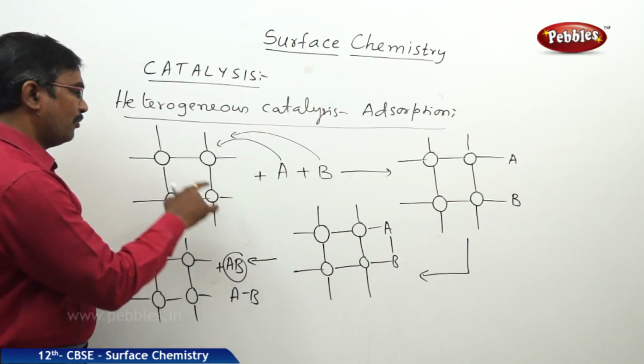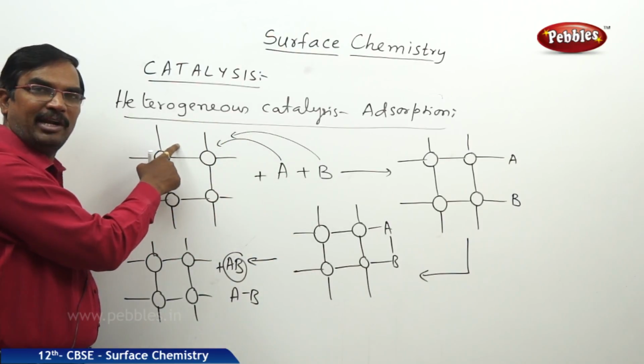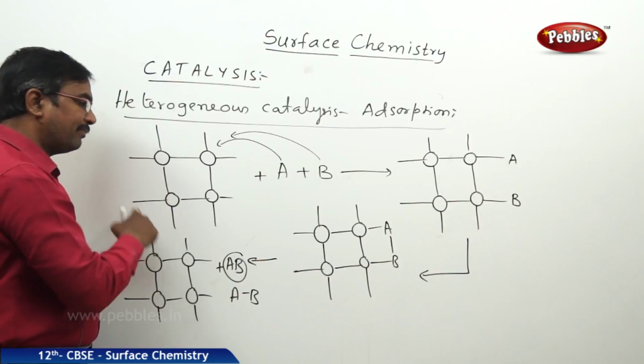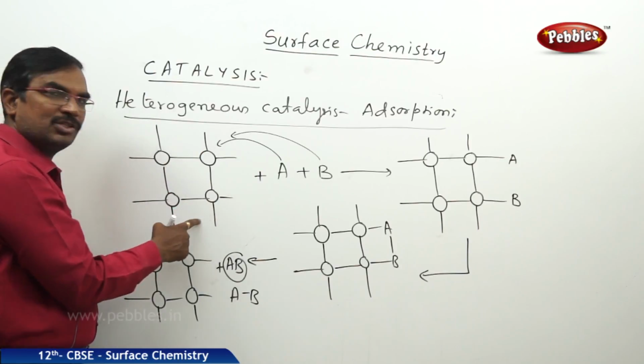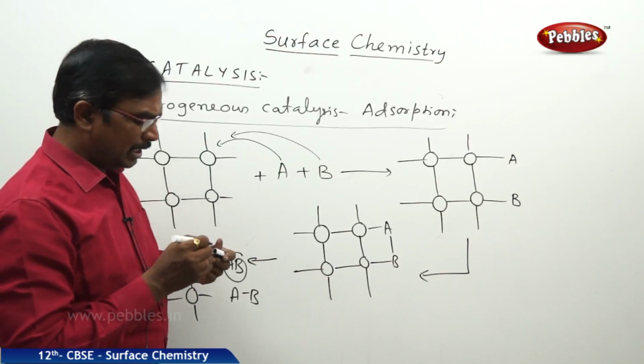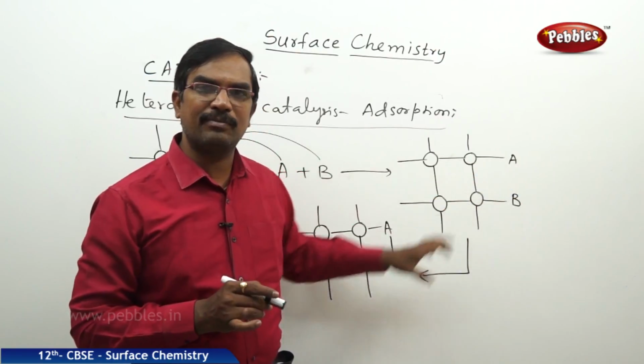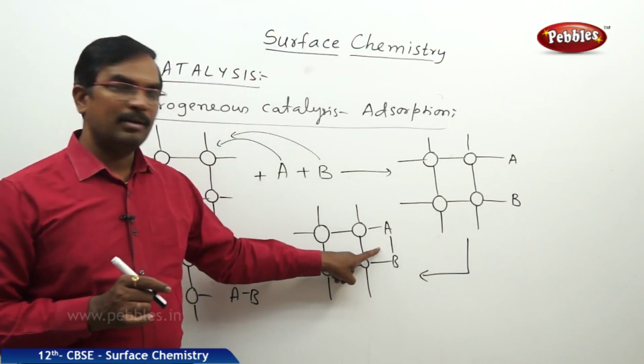So actually here, first the corresponding reactants get adsorbed, or accumulate, or diffuse onto the surface of the solid. This is a solid catalyst, and once they have diffused onto the solid surface, they will get adsorbed. After the adsorption on the solid surface, they will form one product here.